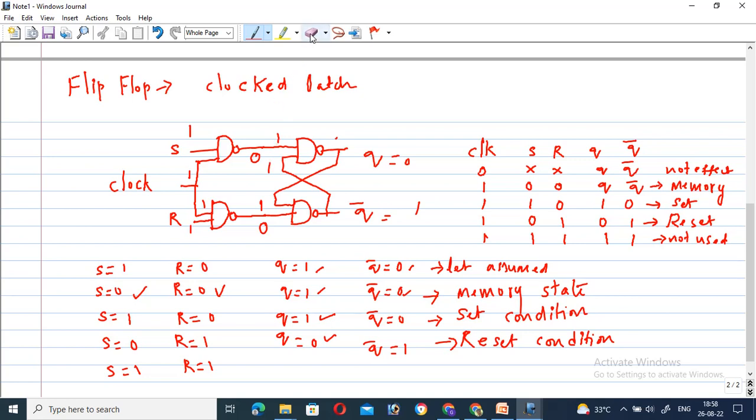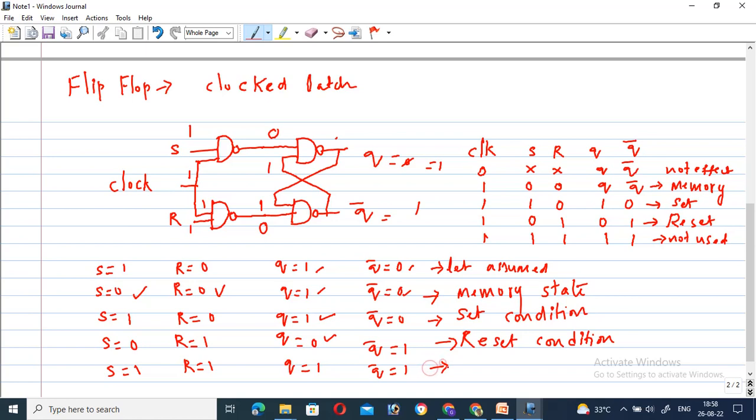Alright, wait a minute, I can represent this value above. So this value is equal to 0 and this value is 1, so a 0 1 combination in a NAND gate produces 1 again. So this Q value is changed to 1. So for the 1 1 combination, Q is equal to 1 and Q bar value is equal to 1.